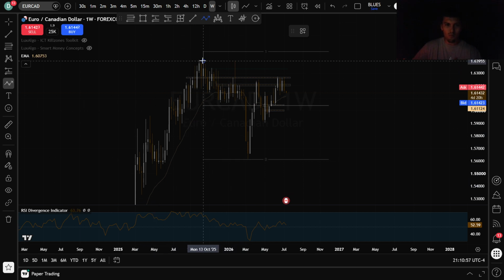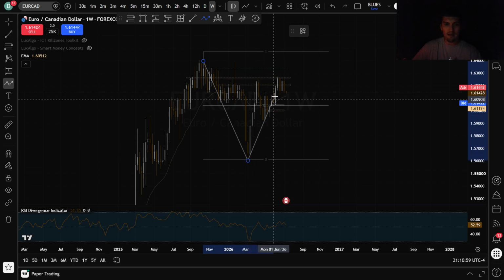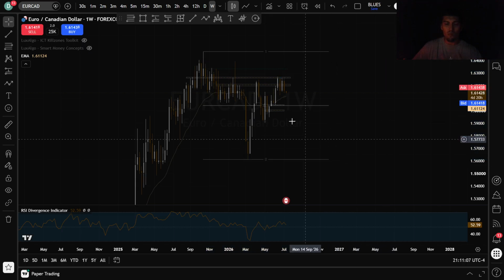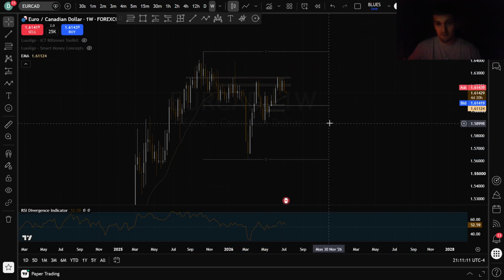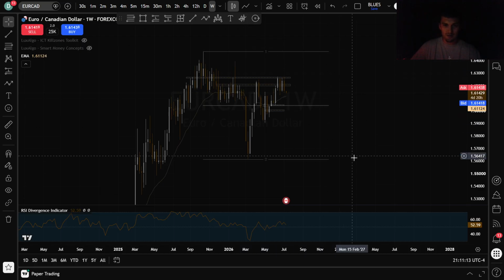Overall we have come down, and we're waiting to see if we are going to break lower or continue higher. So we might as well just save this for next week or for another time. This is just what I don't want to see.